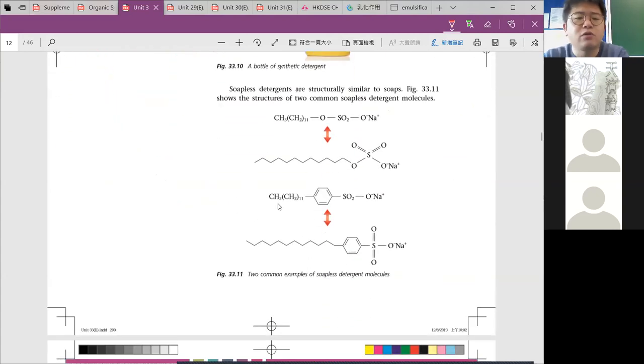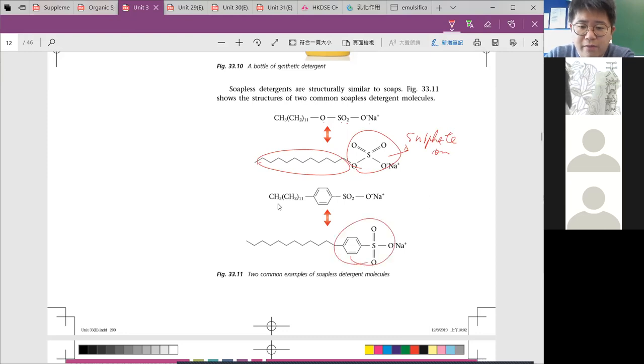If you take a further look at the structure, it again has a hydrocarbon tail you may find here. Or you may have this one, an alkyl chain with sulfate, SO4, as an ionic head.